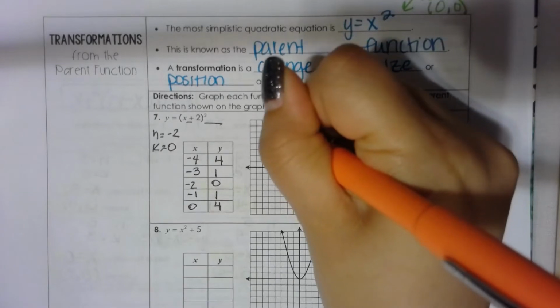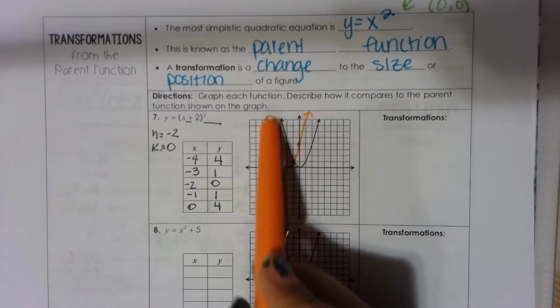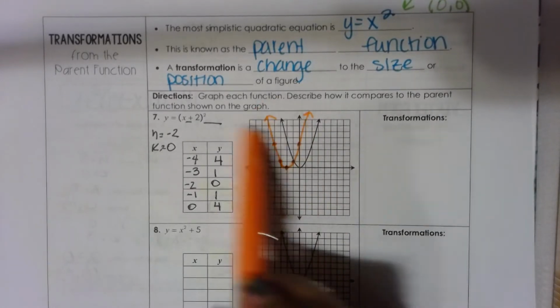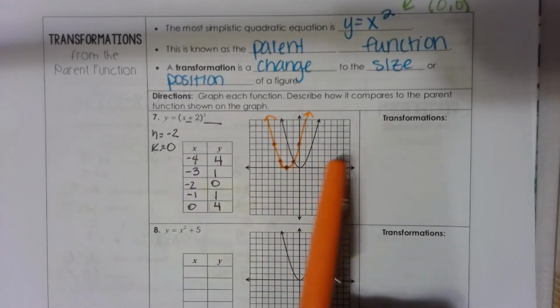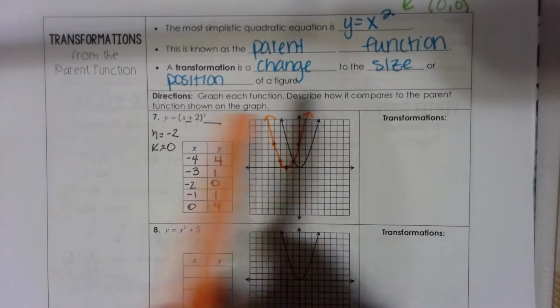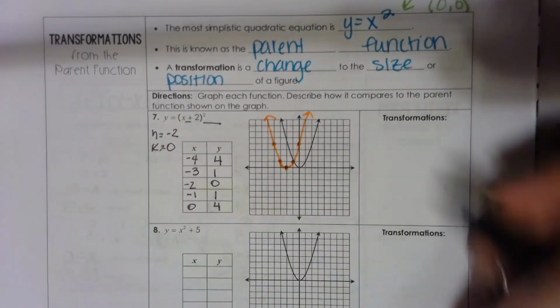Drawing a nice and smooth parabola, you can see that our equation is similar to the parent function, it's just off. The only difference we have is that the one that we drew is moved 2 units to the left.